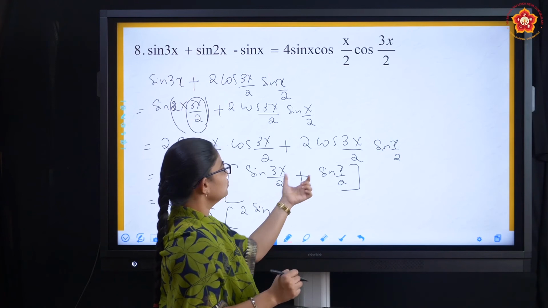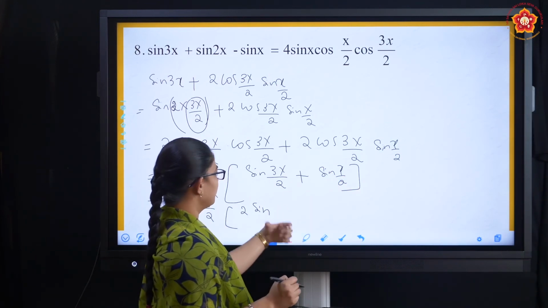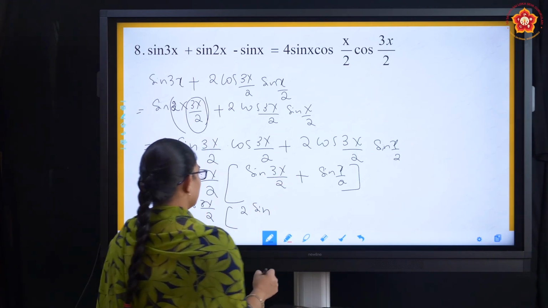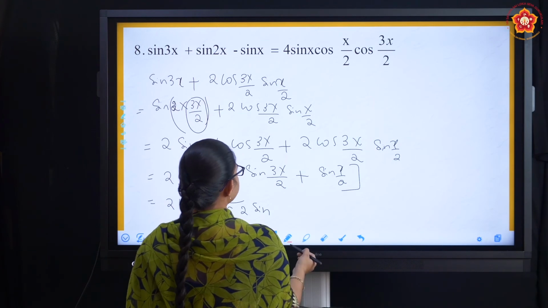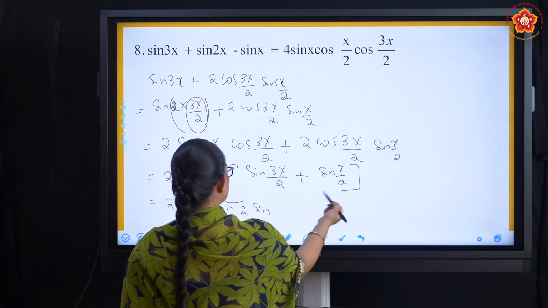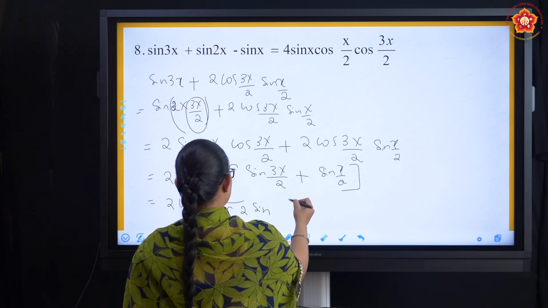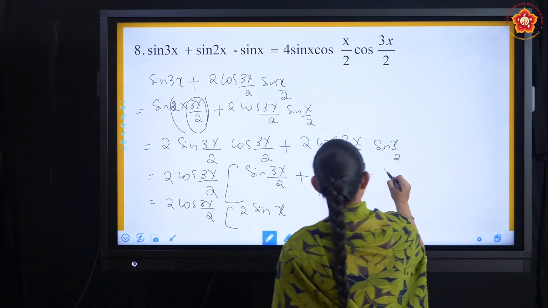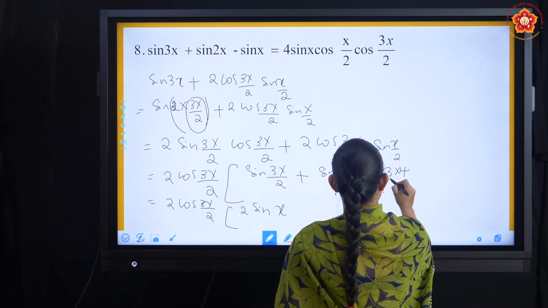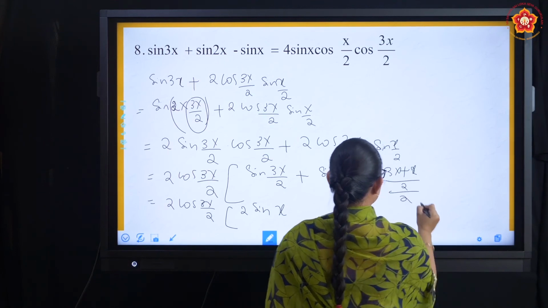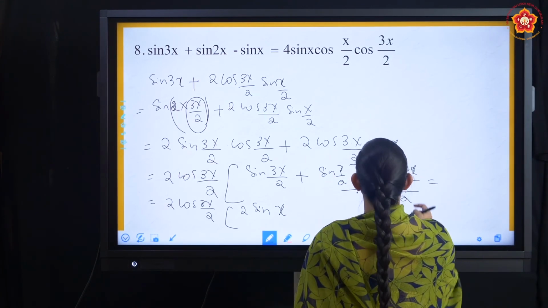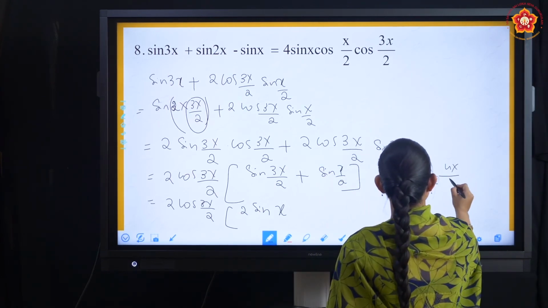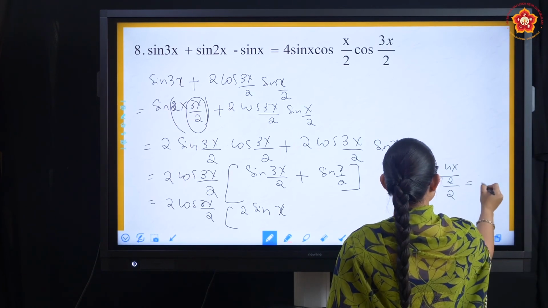So (3x by 2 plus x by 2) divided by 2, that is 3x plus x, 4x by 2, divided by 2, that is x.